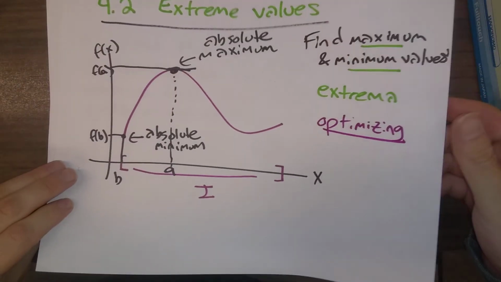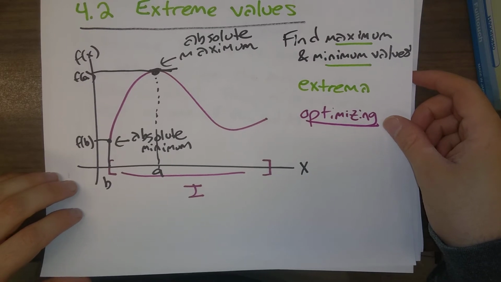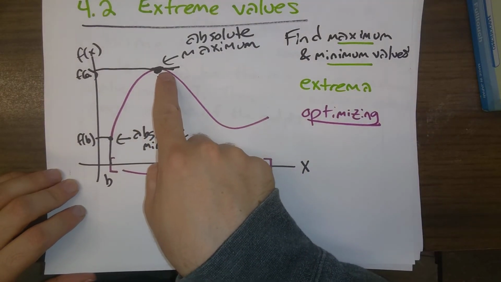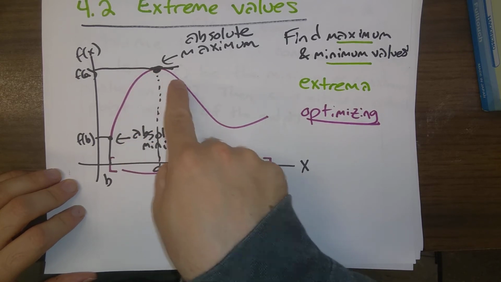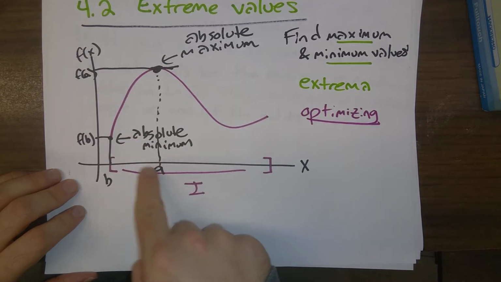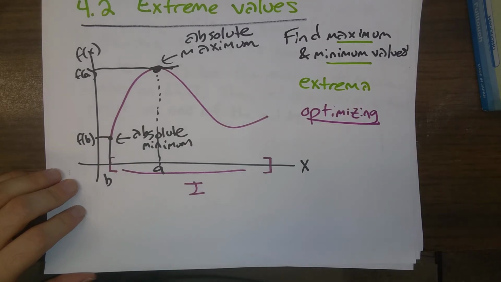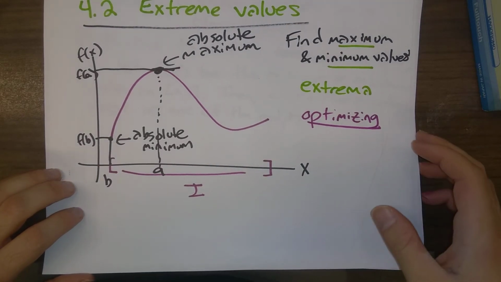And so go back to this original picture at the very start here. We have an absolute maximum. We now see that this is a local maximum as well, and a here is a critical point. Our absolute minimum occurred at an endpoint here.